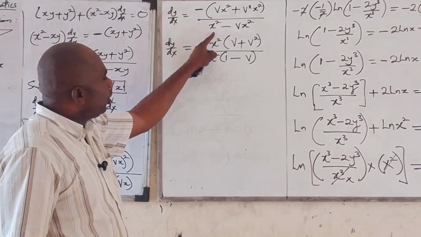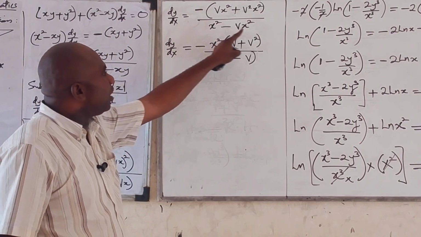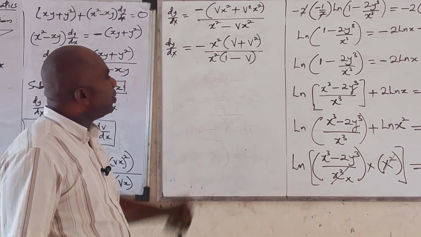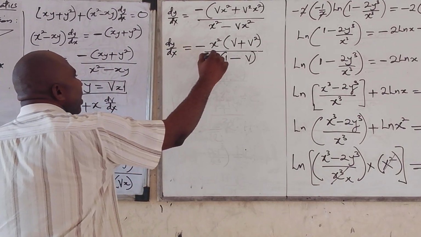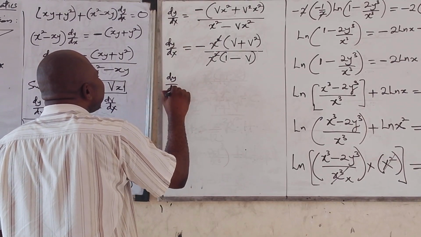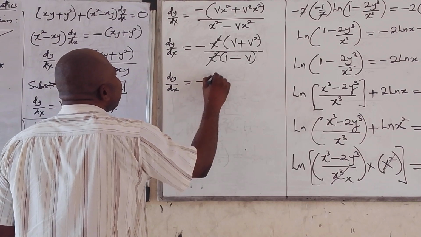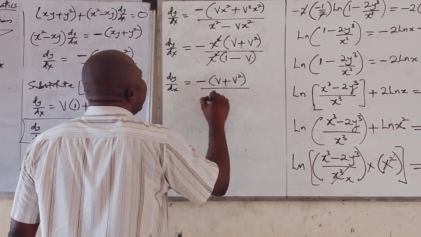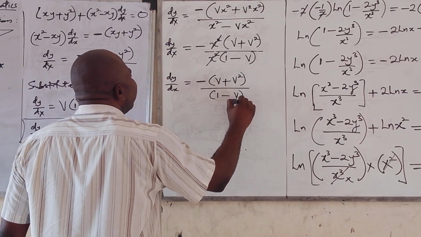Then in the denominator, x squared is common, so we factored out x squared. So we have x squared in bracket 1 minus v. So this x squared will go with this x squared. So the dy/dx will be equal to minus (v plus v squared) all over 1 minus v.